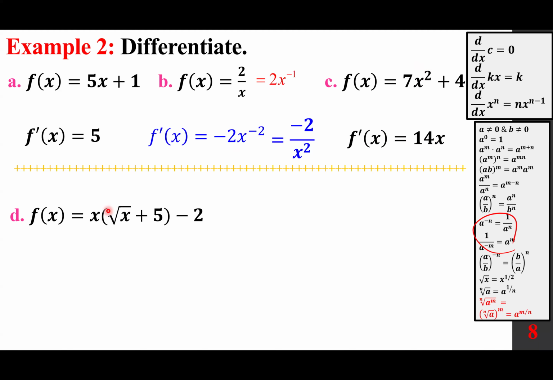First, we change square root of x to x to the power of 1/2. Then we use the product rule. This has exponent 1. This has exponent 1/2. They add up to 3/2, and of course, this is 5x.